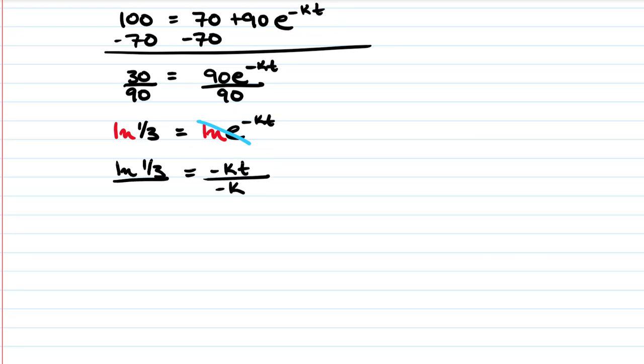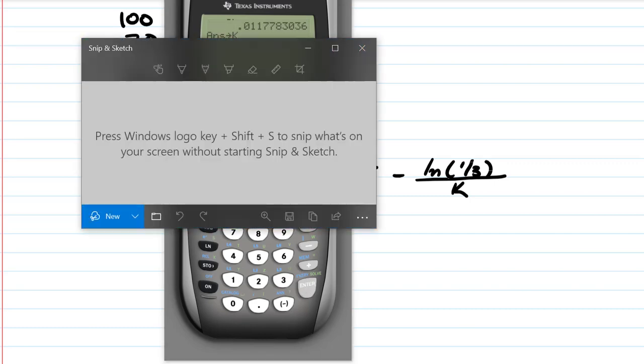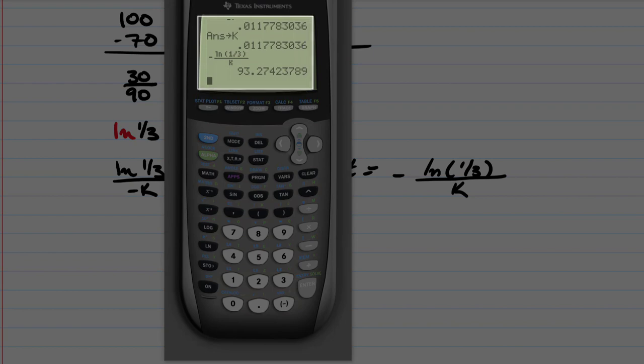Dividing by negative k gives t is equal to the negative natural logarithm of 1/3 divided by k. So negative natural logarithm of 1/3 all divided by k, and we get the following number.